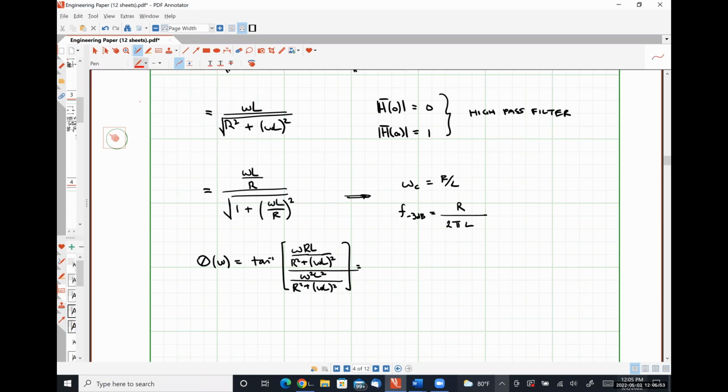So the denominators obviously cancel each other out, and so we have the inverse tangent of R over omega.